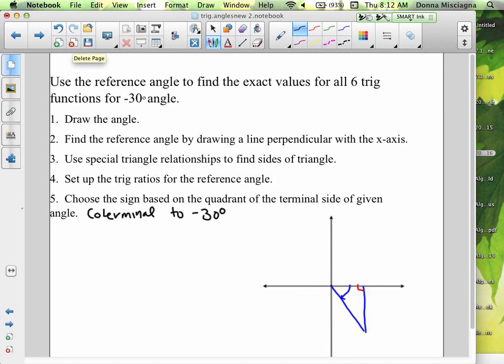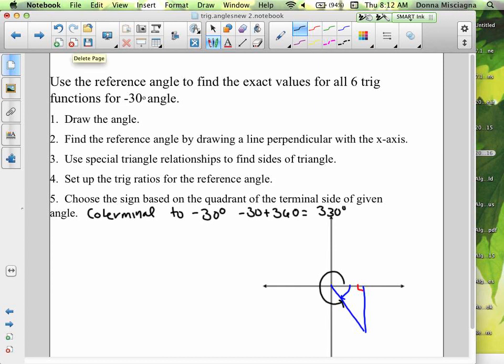Jared. Would you do 360 plus -30? So we have -30 plus 360 would give us 330. So here is our positive angle, 330.